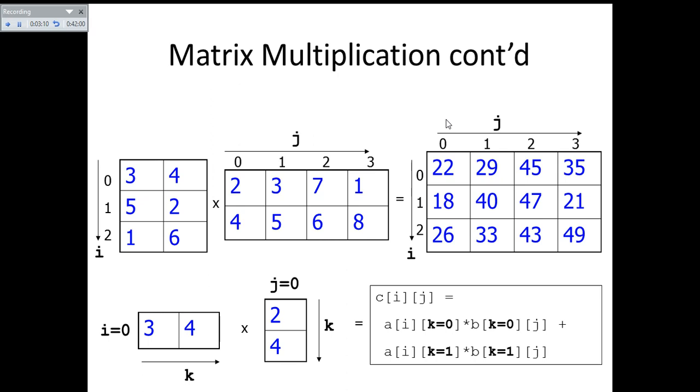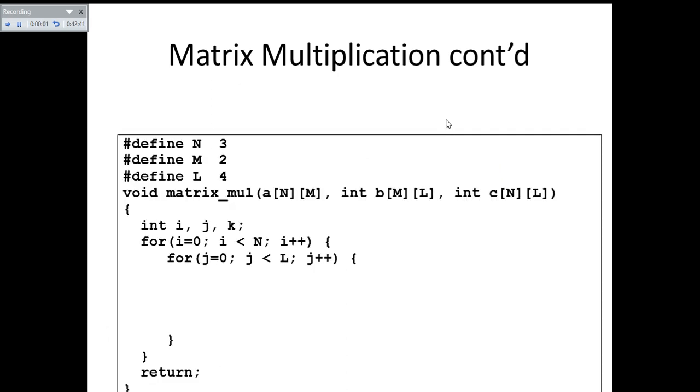That summation should be added once again with k equal to 1, so A of i comma 1 into B of 1 comma j, added to A of i comma 0 into B of 0 comma j, or simply A of i comma k into B of k comma j. They should be added so that you will get the intermediate element, that is, one individual element of your result matrix. The same logic we are going to implement in matrix multiplication.